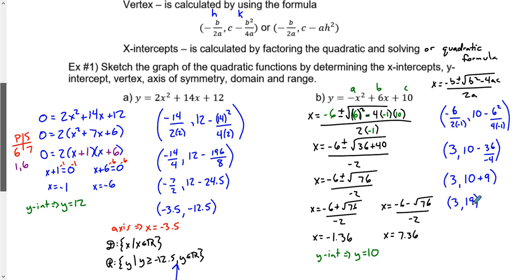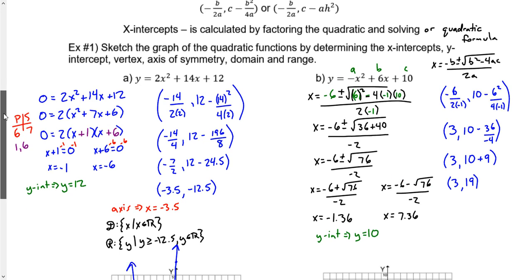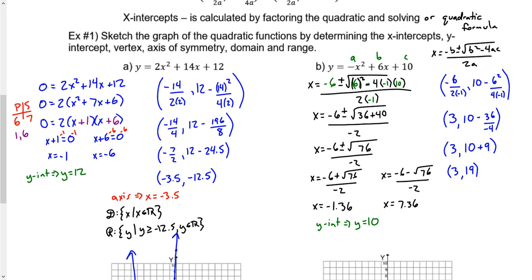Now you won't always have vertices that are going to be way off your grid like these two. Some of them will be right on your grid. I just show some examples that apparently are not the greatest for graphing, but we can still do it as best as we can. Our axis of symmetry will be x equals 3 because it's the x value of our vertex.